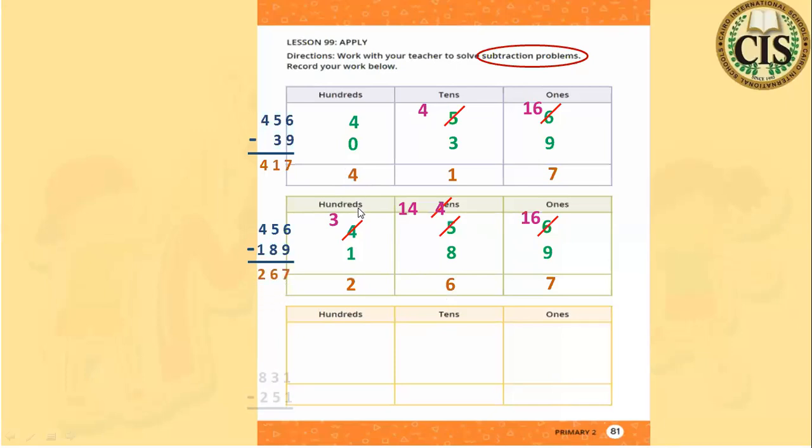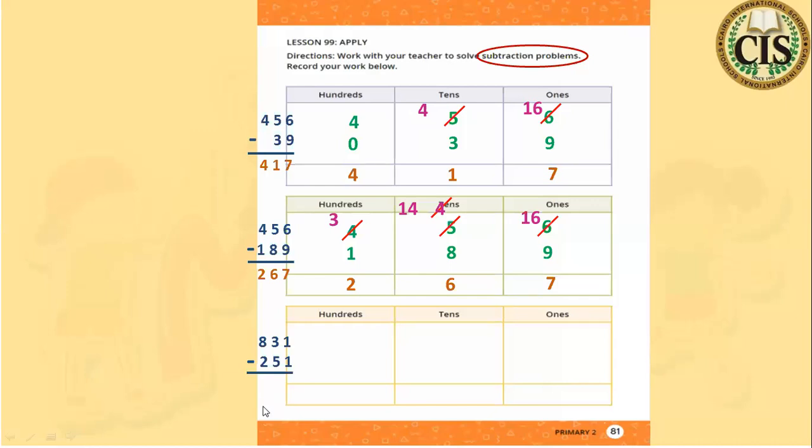Number 3. 831 minus 251. Farah, do you hear me?